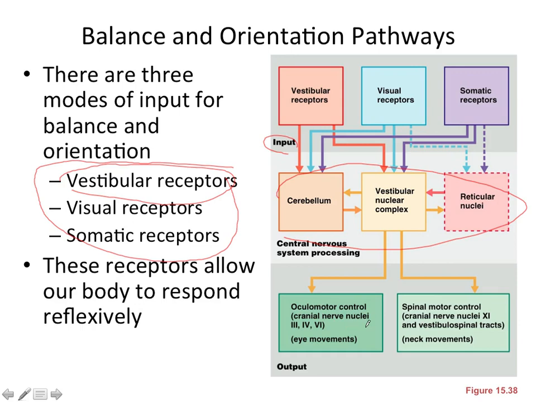We also send impulses through nerves, such as cranial nerves and spinal motor control, to control, for example, the neck and move our hand, so we can take protective movement to prevent our falling. So this is the balance orientation pathway.